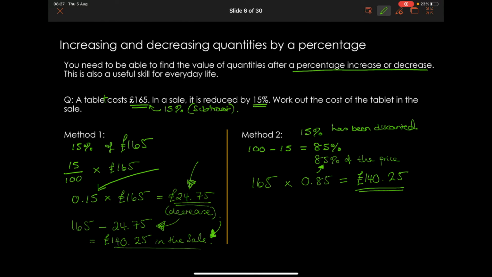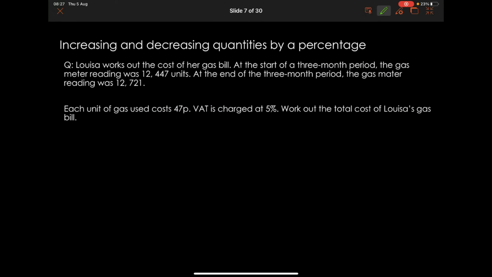I don't have to work out 15% and then take it away. If method 1 is better for you and you understand it, then continue using it. However, you will have to use a multiplier with different questions like this, so it would be good to practice this. Okay? All right, let's move on.